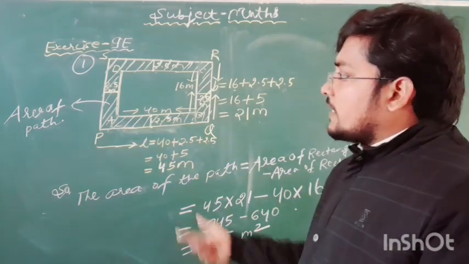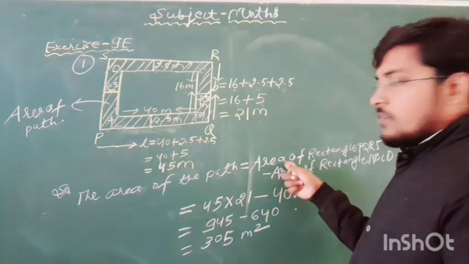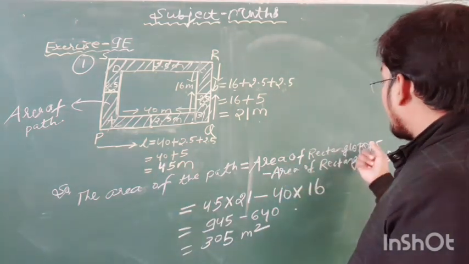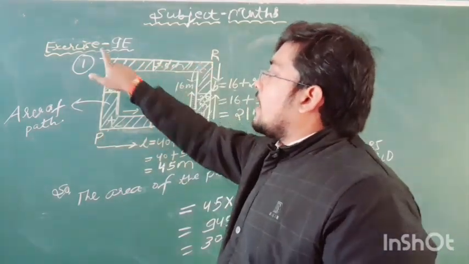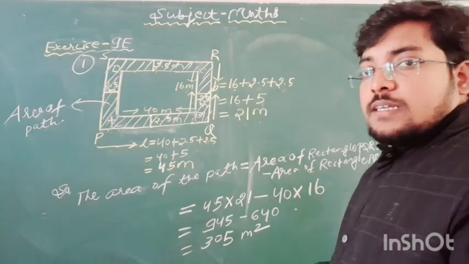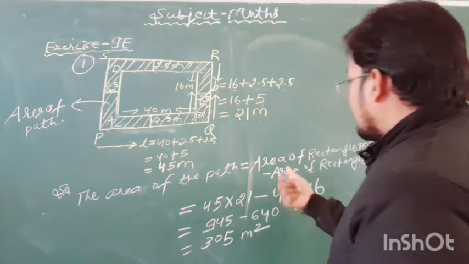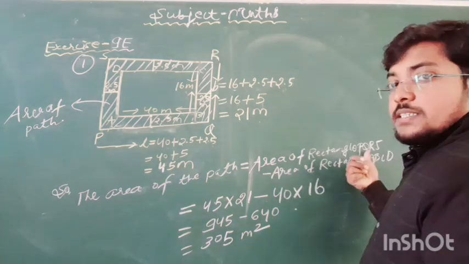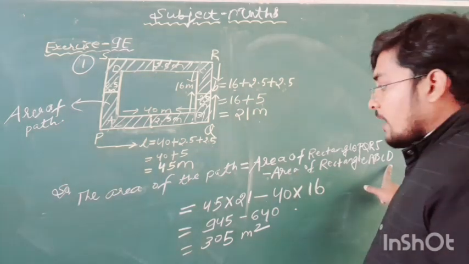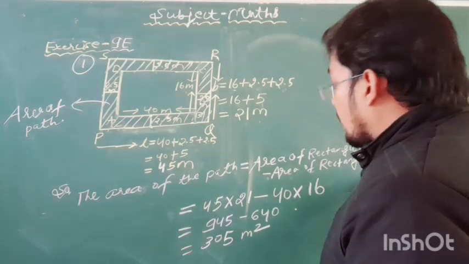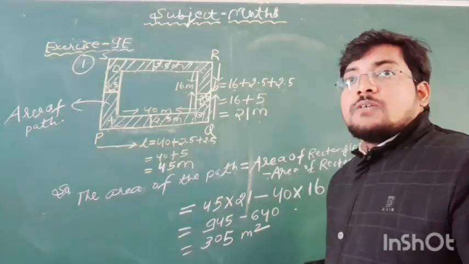So we have to calculate the area of the path, or the area of the shaded region, which is equal to the area of the larger rectangle PQRS minus the area of the smaller rectangle ABCD. We know that the area of a rectangle is length into breadth.